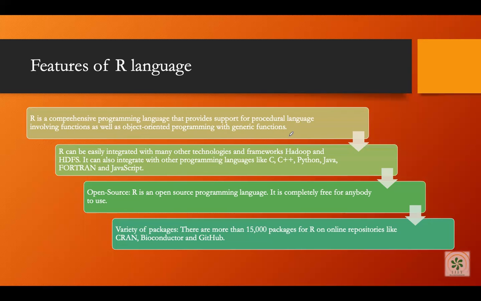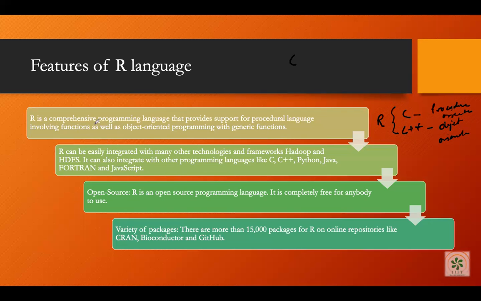Now here if you see R, just like your C, what is C? C we used to take as a procedure oriented language. And if we talk about C++ and Java, it is more related to object oriented. So this is procedure oriented and this is object oriented. But if we talk about R, it is a combination of both.